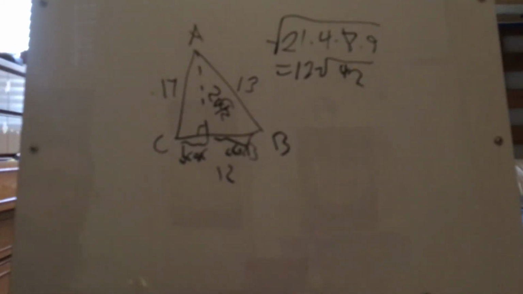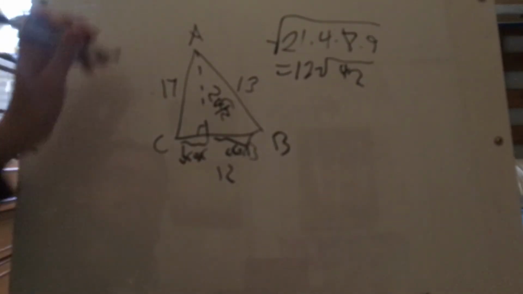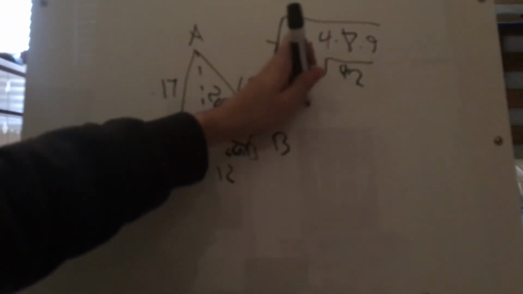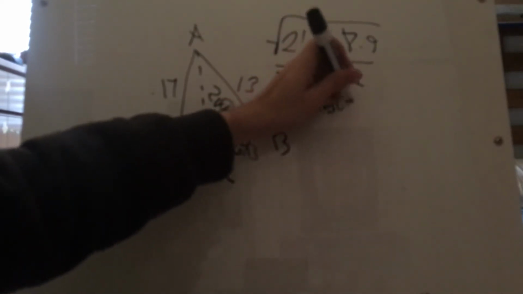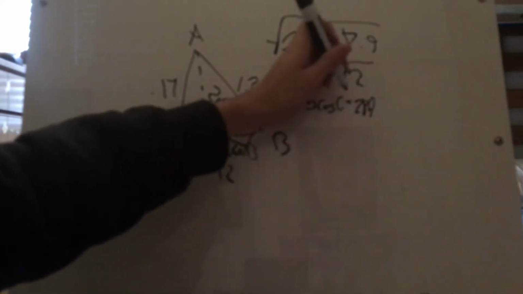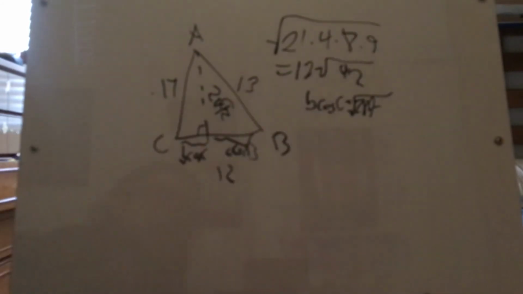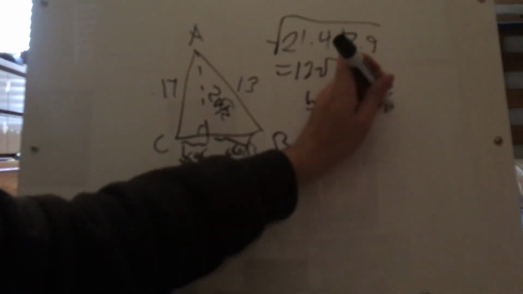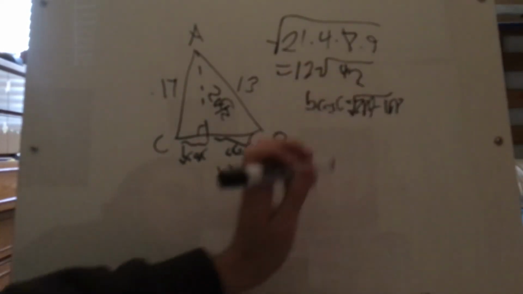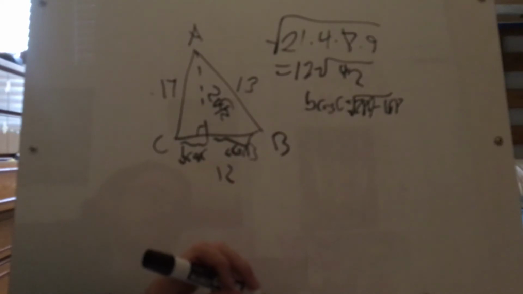which means our altitude here is 2 root 42, which means b cos C is going to be the square root of 289 minus 4 times 42, 84, 168. And this is 121, which is 11.